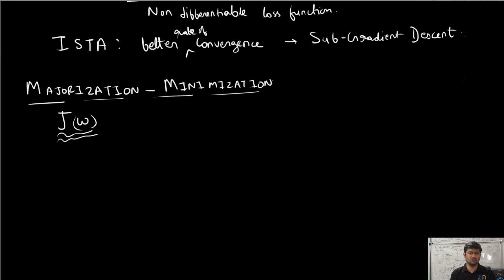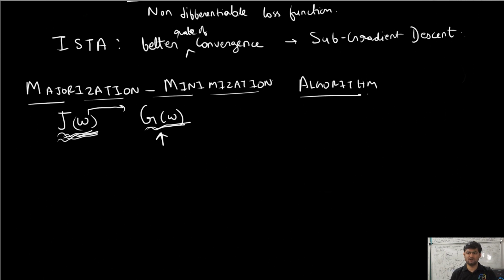We minimize the original loss function by replacing it with another easier to minimize loss function, which we can call g of w. So instead of directly minimizing J of w, we minimize an alternate loss function g of w, and at every iteration of the majorization minimization algorithm, we compute this function g such that by minimizing g at every step, we minimize the original loss function J of w.